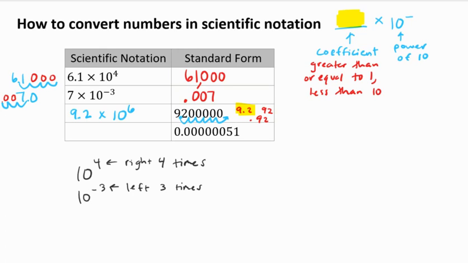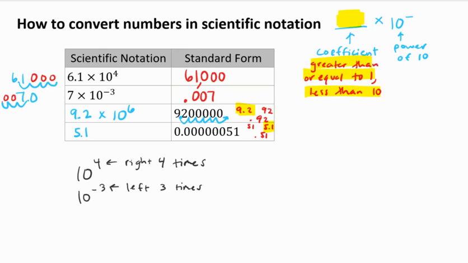Let me do the same thing for the last one. So again, I could pick 51, I could pick 5.1, I could pick 0.51. But again, I know that I have to pick 5.1 because that's the only number that's greater than or equal to 1, but less than 10. Okay, so I have 5.1.